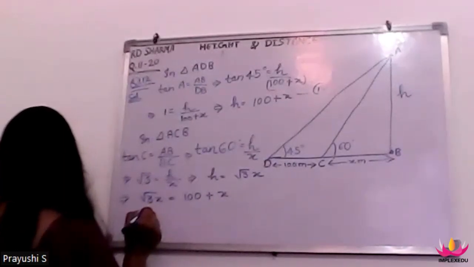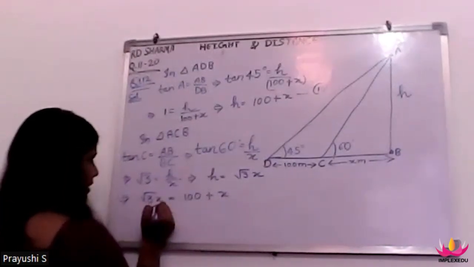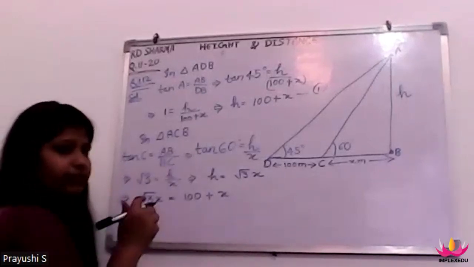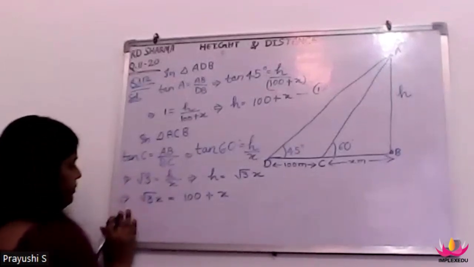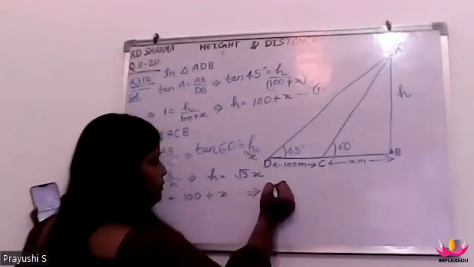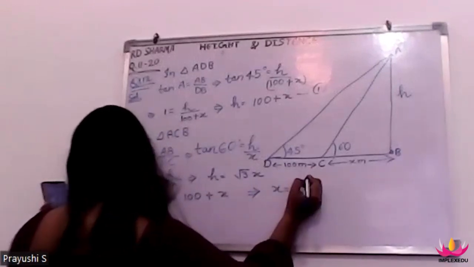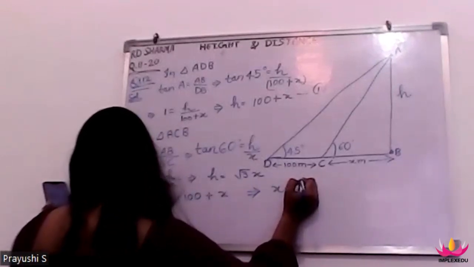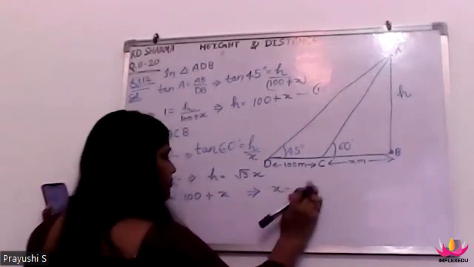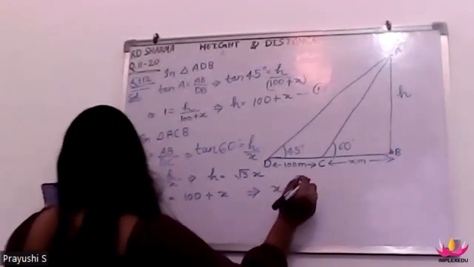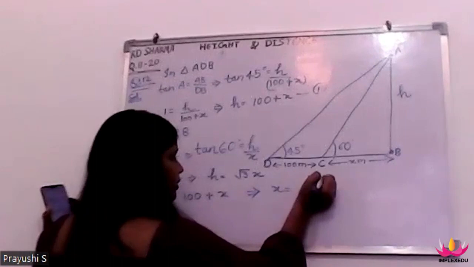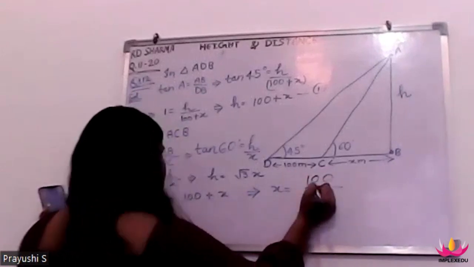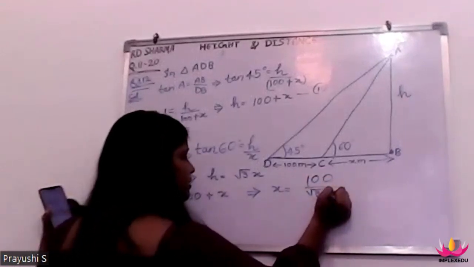Now from here when we will solve this equation we will get that x will be equal to 100 upon root 3 minus 1.